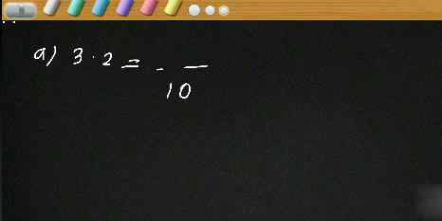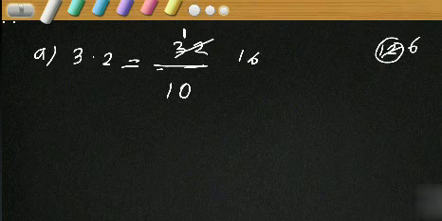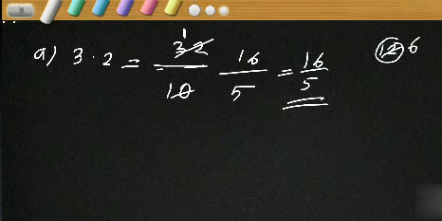Let's divide 32 and 10 by 2. 2 threes are 6, so 3 by 2 gives 1, balance 1. Keep that 1 and 2 together, it becomes 12. 2 sixes are 12. 10 divided by 2: 2 fives are 10. So this is the final answer: 16 by 5. There exists no common factor, so we can stop. 16 by 5 is the final answer.